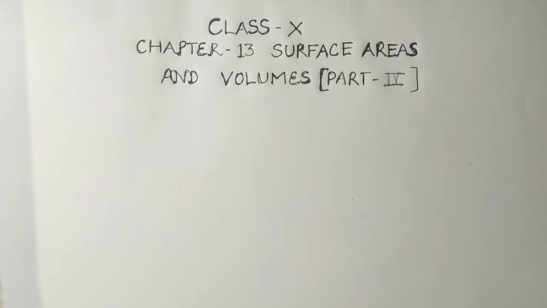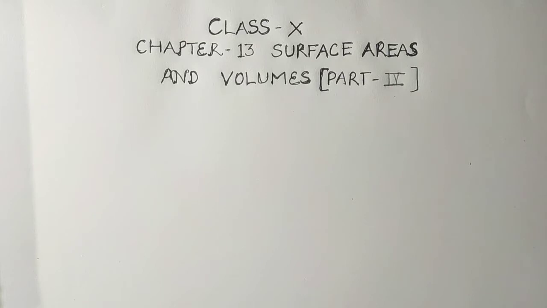In part 2 we have covered two questions of exercise 13.1, and in part 3 we have solved till question number 7 of exercise 13.1. Now in this part of the video, we are going to solve question number 8 and 9 of exercise 13.1, and then we'll start exercise 13.2.